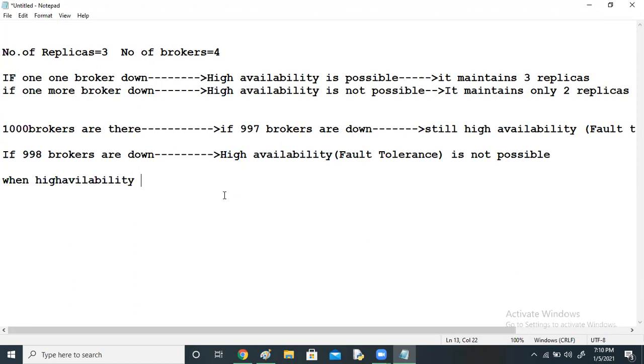S1, S2, S3, only in 3 systems you have stored the data, and replications are available in multiple places. If one system is down, that replica is still created in another, the 10th system.